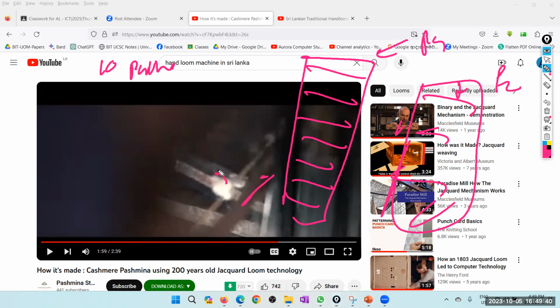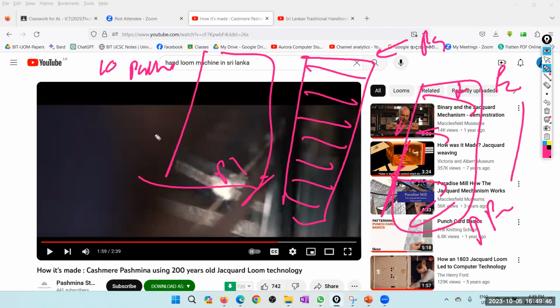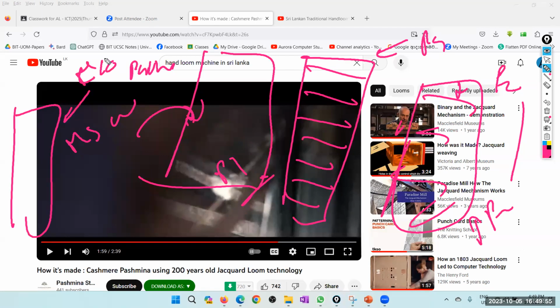So this is your program 1, this is your program 2, and so on. We do the same thing today. When we want to do word processing, we have MS Word. When we want to do some calculation, MS Excel, a different pattern, a different program. When I want to chat, I have WhatsApp.